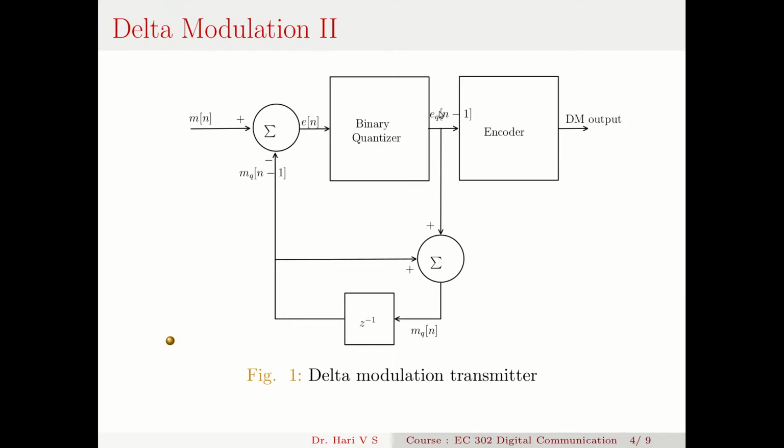So this gives me a quantized value of e[n], which is added with the previous value of my quantized signal to form the input to the predictor, which is nothing but a delay element here. So this is m_q[n] and this is m_q[n-1]. This e_q[n], either plus or minus delta, is encoded and sent out as a binary signal. So this is how the delta modulator works.